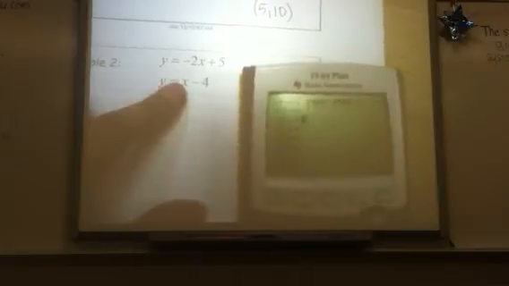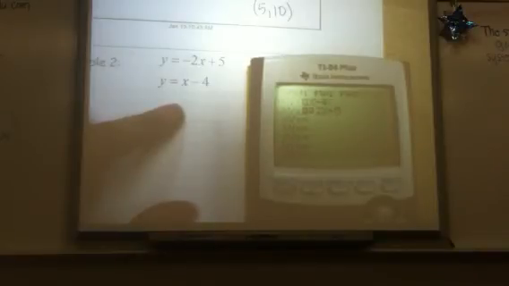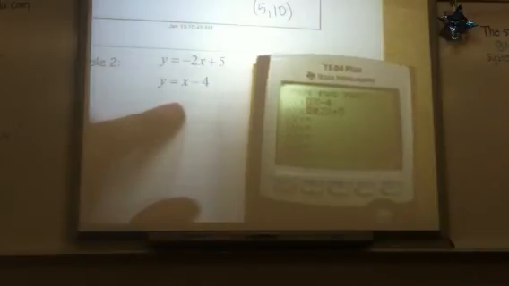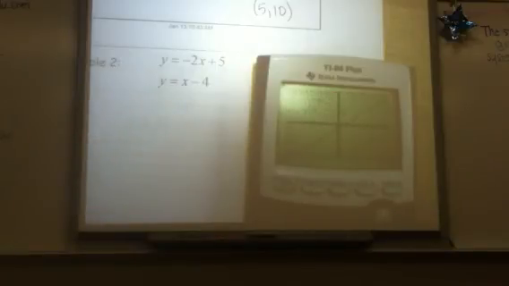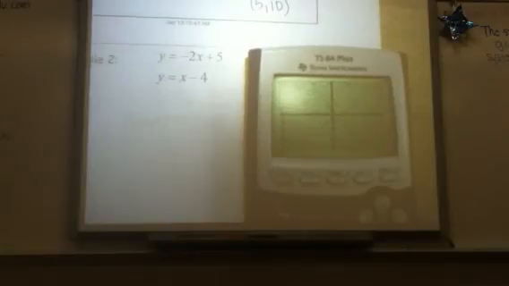So do the same thing. Go to y equals. Type in your equations. Click graph. Now we can even zoom back in. I can go to zoom in, and it gets me a better view.